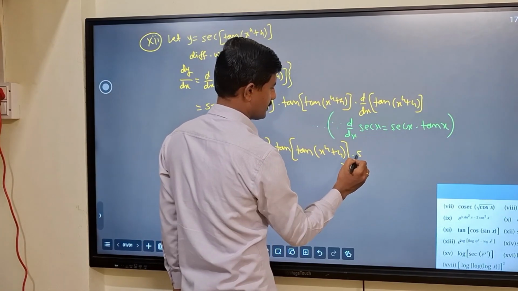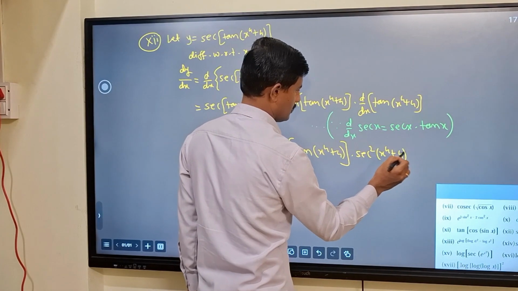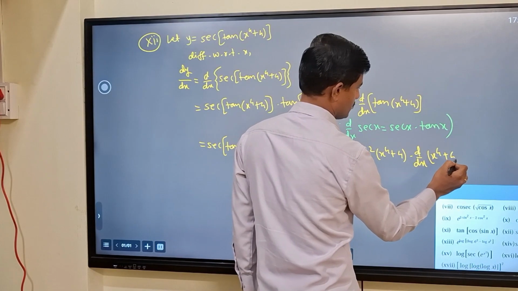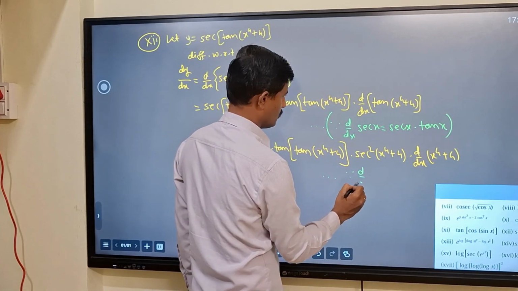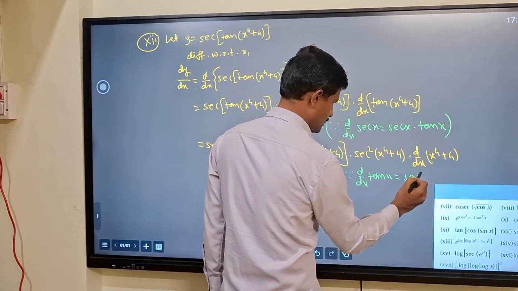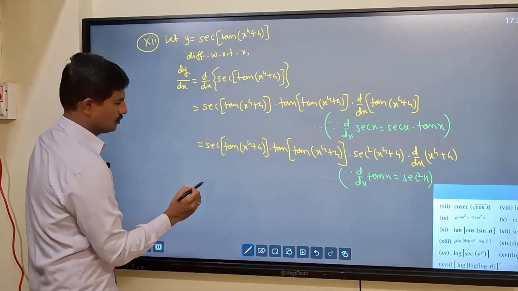Differentiation of tan is sec square x raised to 4 plus 4 into d/dx of x raised to 4 plus 4. Here d/dx of tan x is sec square x. We used this formula.